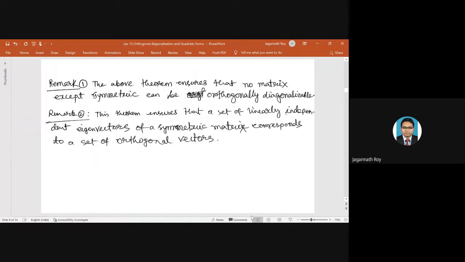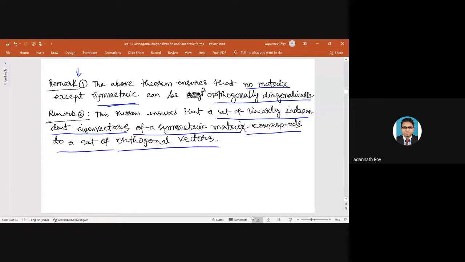Okay, right. So this remark says that no matrix except the symmetric matrix can be orthogonally diagonalizable. This also ensures that a set of linearly independent eigenvectors of a symmetric matrix corresponds to a set of orthogonal vectors.